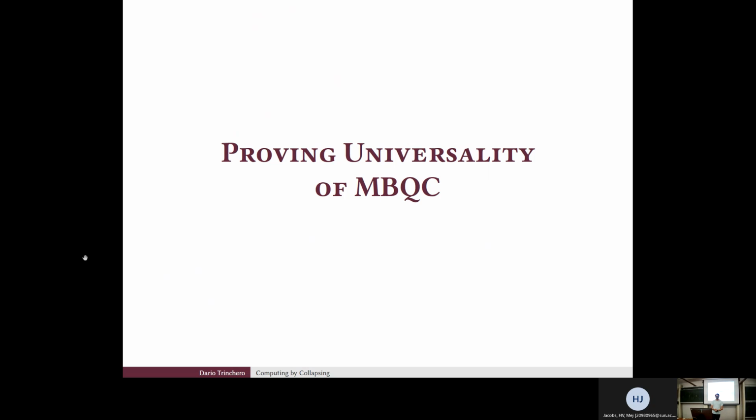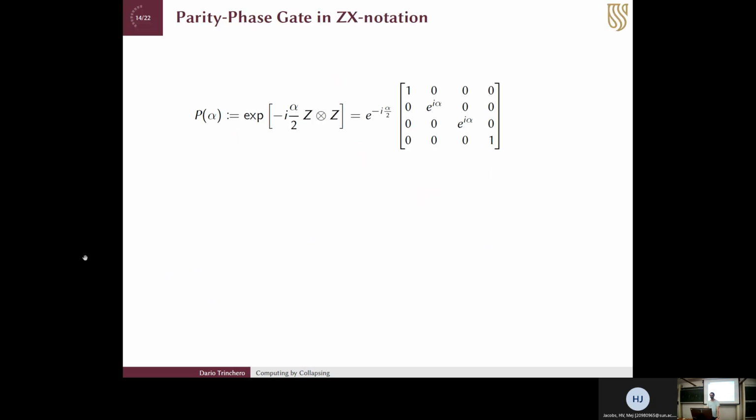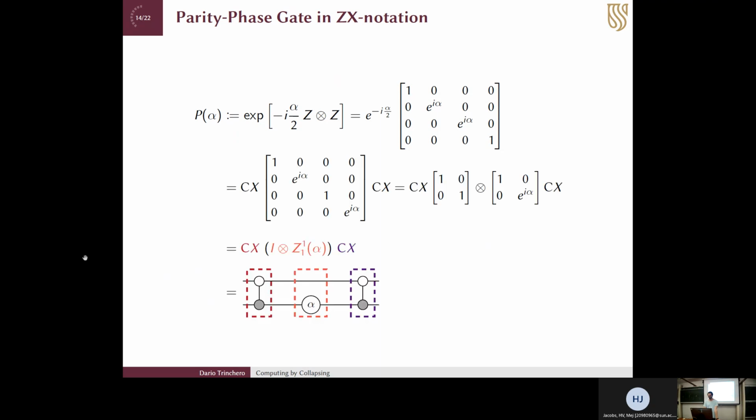Okay, with all that said, let's finally use this to look at measurement-based quantum computing. The first thing that we want to do is express our parity phase gate in this notation, because that was the key to building our entangled states. This is a small calculation. Right here, I'm just looking on the level of matrices. I identify this matrix as just conjugated with CX this matrix.